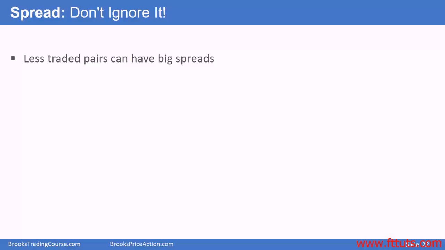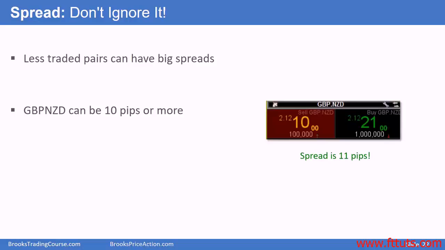The spread, you cannot ignore it. On the very popular contracts like the euro versus the dollar or contracts involving the yen, the spreads tend to be fairly tight. But on less traded pairs, for example, like the British pound versus the New Zealand dollar, the spread can be 10 pips or more. Here, the bid-ask spread is 11 pips.